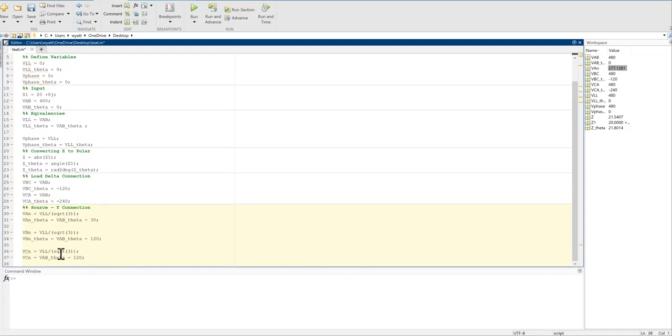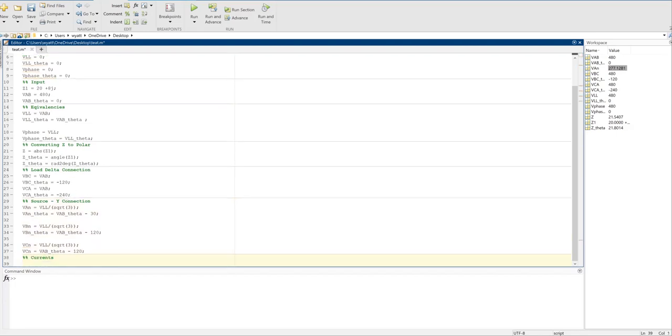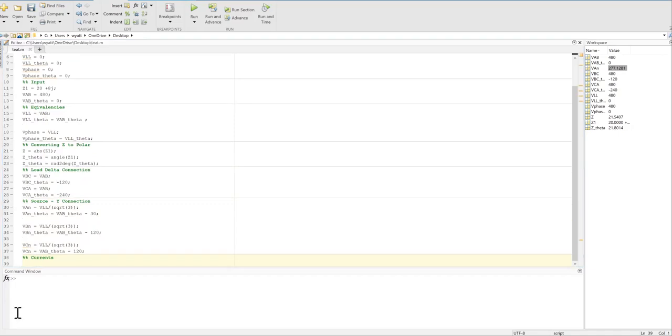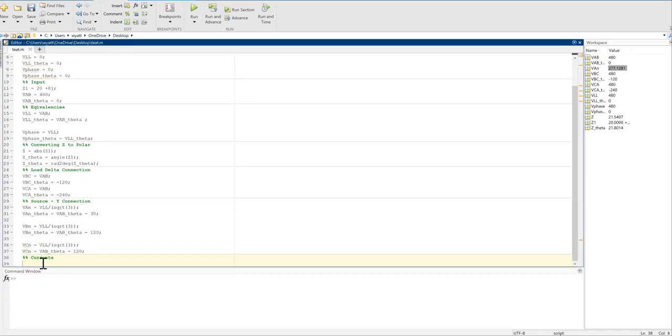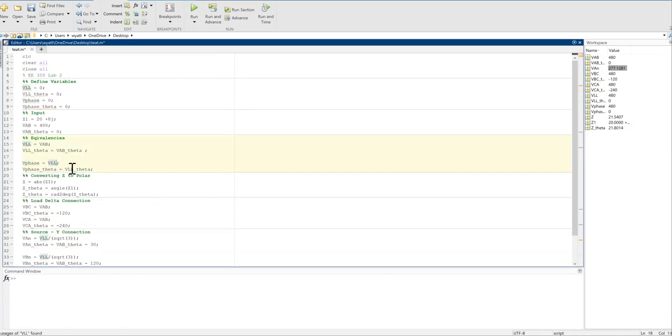So now we just need to go through and calculate our currents. Everything's been defined and stated, our voltages and whatnot. So now we need to calculate our I phase. The I phase is going to be equal to the V phase divided by Z. Now remember, V phase, as stated before, is equal to V line to line, V line, which was earlier stated as VAB.